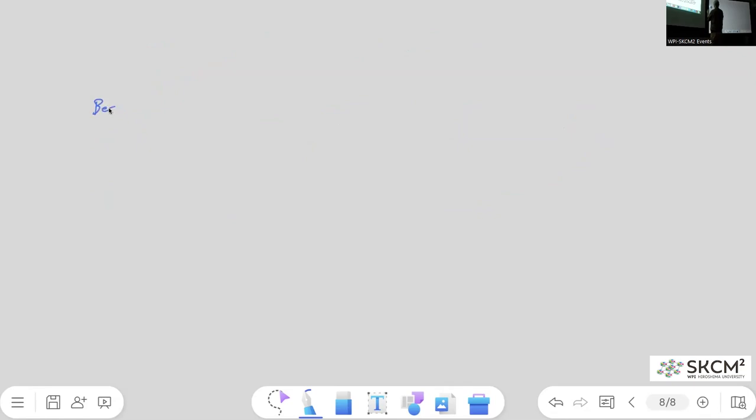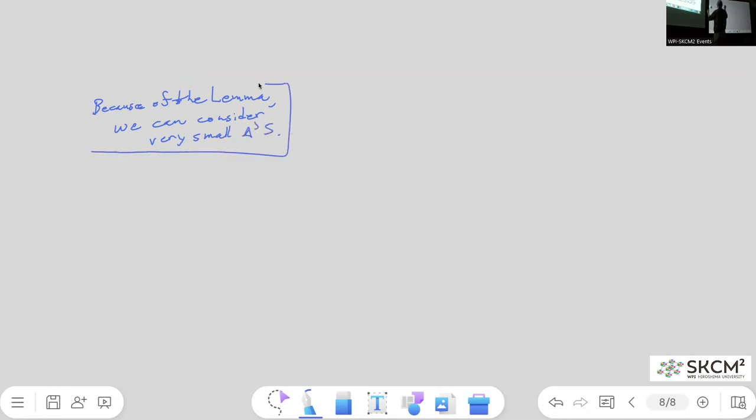Because of the lemma, we can consider very small triangles. Now, I'll leave it to you to suss out how you would make your triangles very small, but it's just a matter of cutting everything up into smaller pieces.